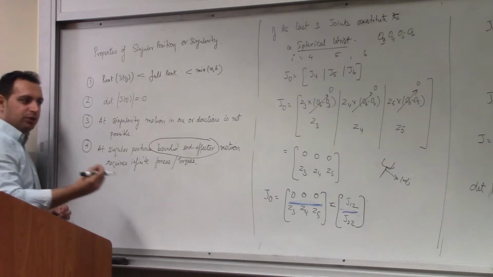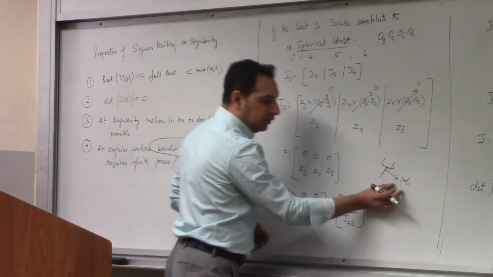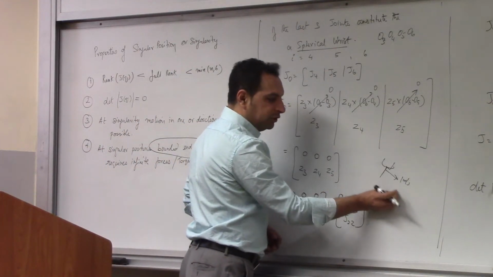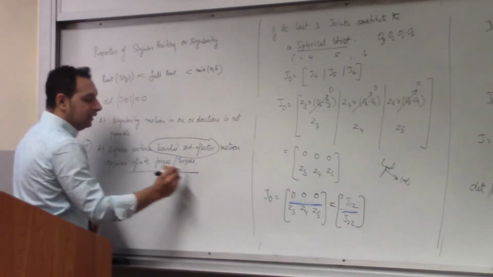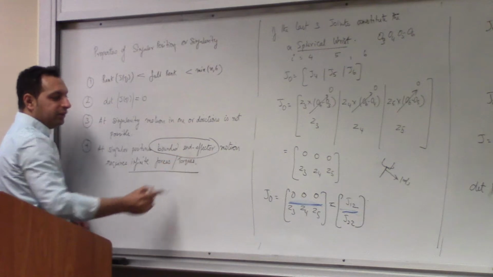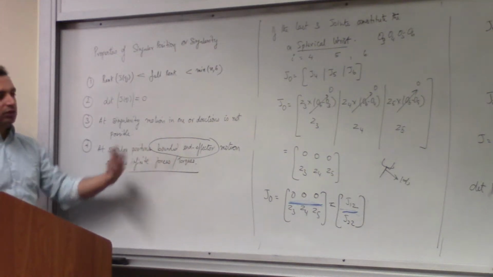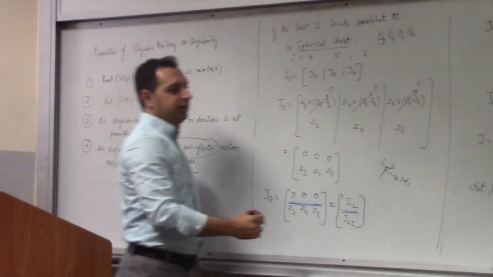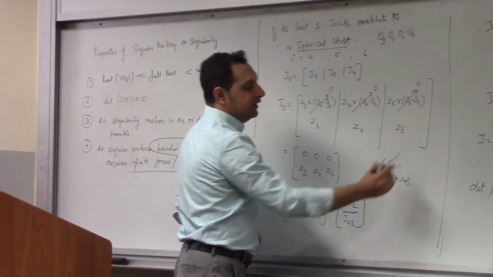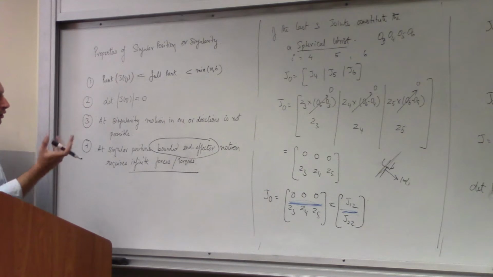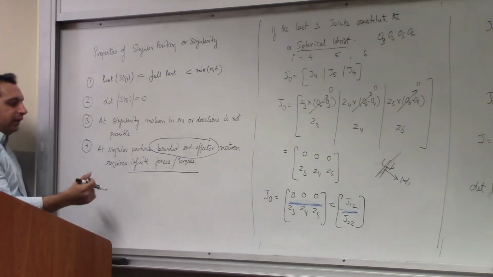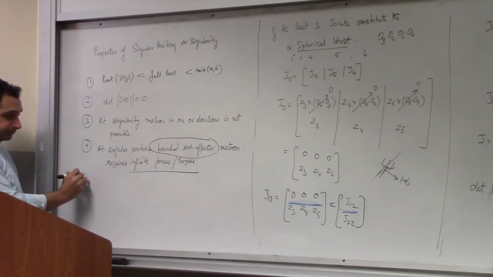That means even though you know that you want to generate a small amount of motion, exactly how much you need in a particular direction, it is impossible because it will require, in other words, you can say bounded end effector motion requires unbounded forces or torques. That means even though I apply an infinite force, I cannot move in this direction. Same thing with the orientation. When θ2, the second joint, is 90, no matter how much you turn it, you will not turn in that direction, you will turn in other directions.